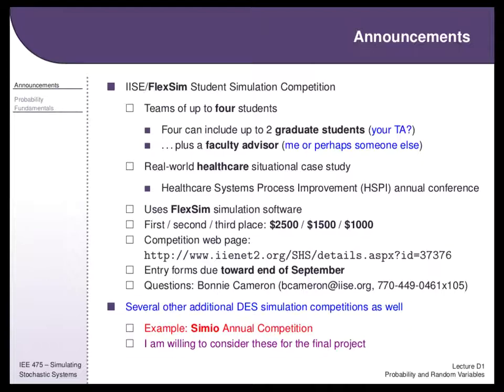I have a little assignment that'll come in about a week and a half after the midterm, and it will ask you to form your teams. Then after that, there'll be an assignment a week or a week and a half later where you'll propose the project you're going to do. So I've got the timeline all managed. If you're not interested in these competitions, forget about the final project and forming the teams until after the midterm.